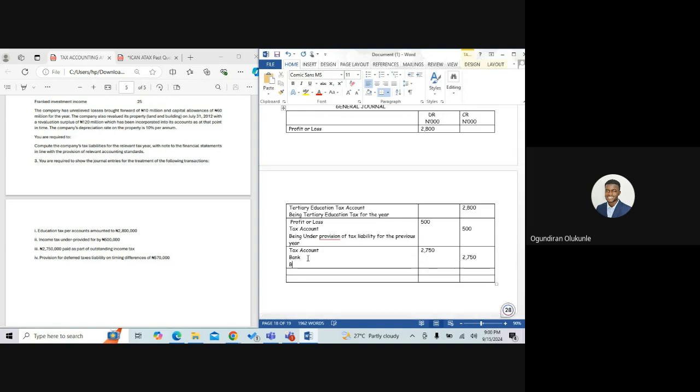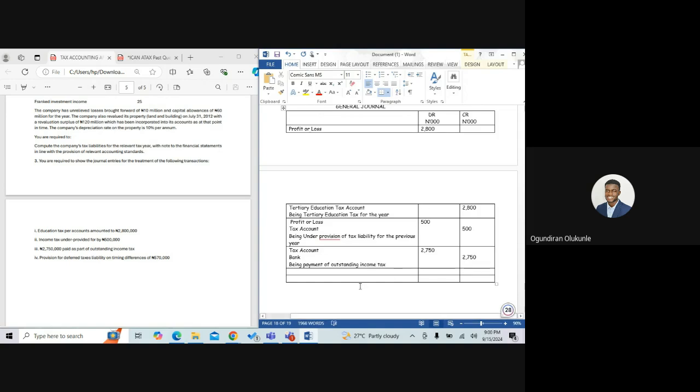That is payment of outstanding income tax.